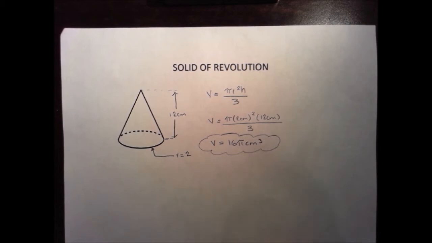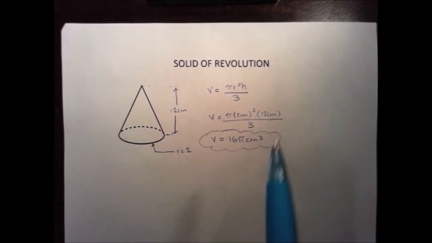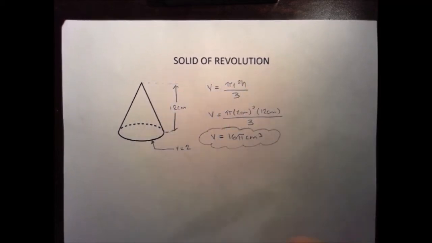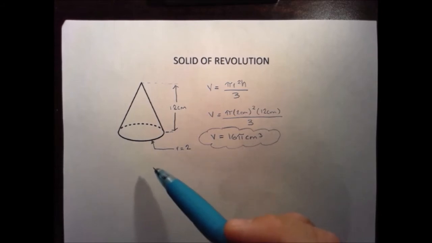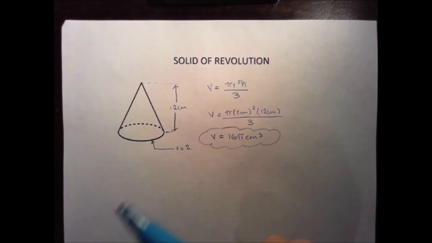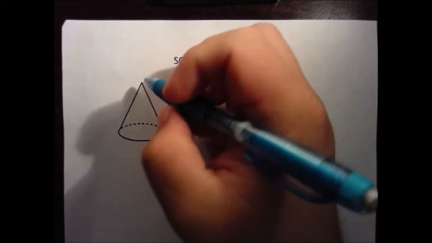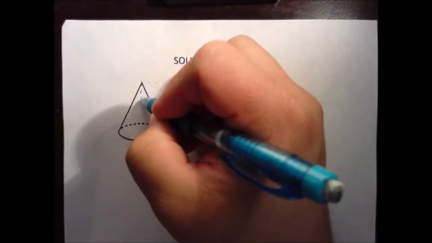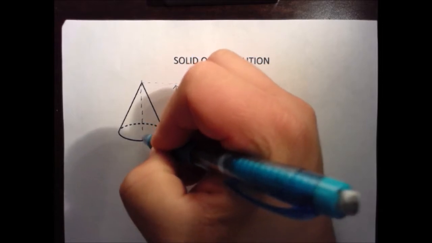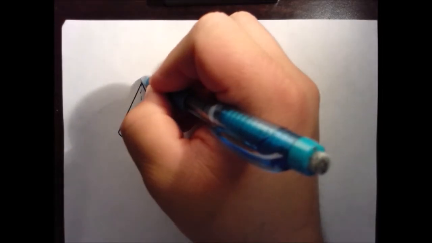I don't want to do it by that. I want to do it by solid of revolution, with the integral calculus tool. First of all, I need to write over here where the axis of revolution is.